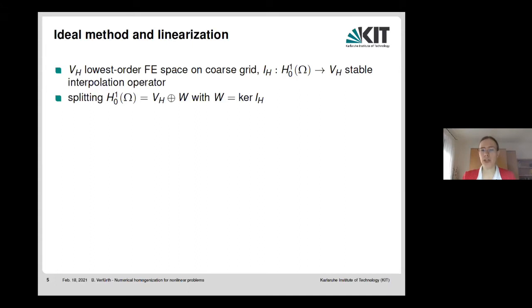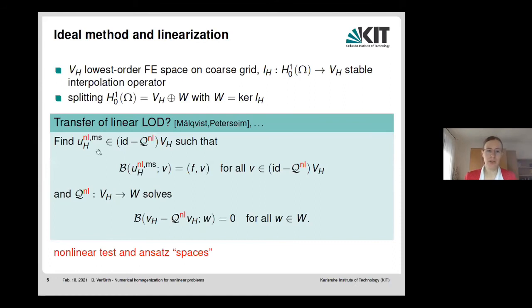And you've learned in the linear case how to set up a different splitting of H10 with this kernel space W and a multiscale space, and the splitting was orthogonal with respect to the energy product of your problem. So let us take this route as a first step and look at what this yields in the nonlinear world. This is what I call transfer of the linear LOD.